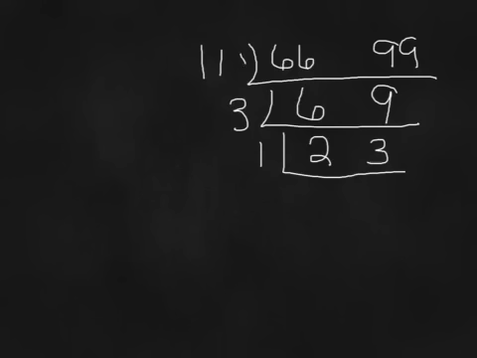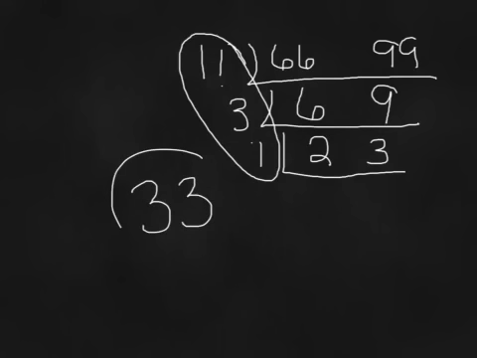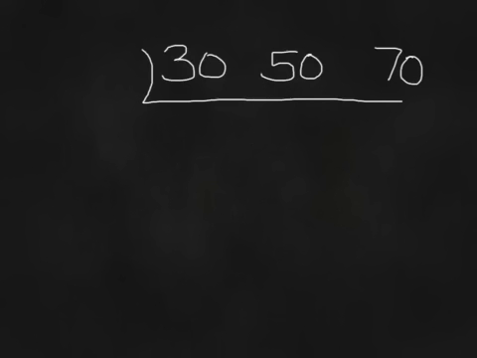Now to find my greatest common factor, all I need to do is take the product of these numbers on the outside. 11 times 3 is 33, times 1 is 33. So 66 and 99's greatest common factor is 33. Pretty quick and easy, isn't it? It sure saves you a lot of time instead of having to draw factor trees.